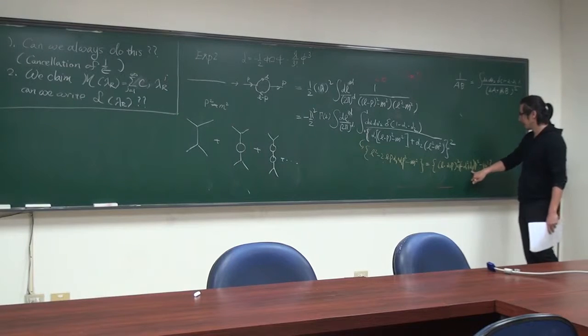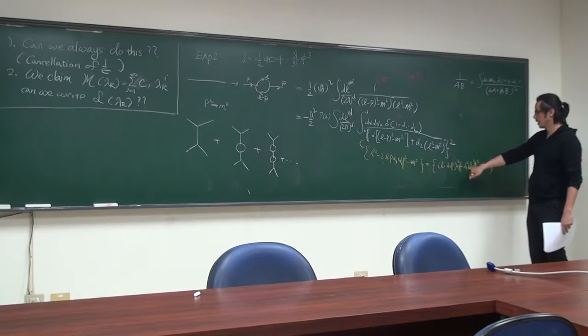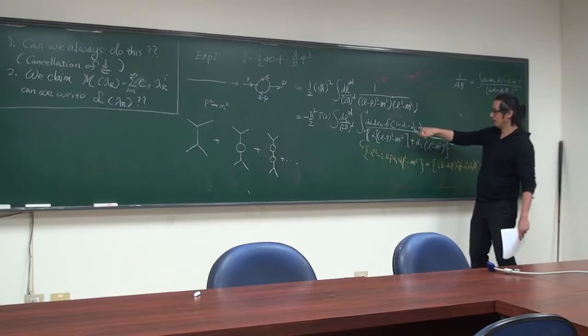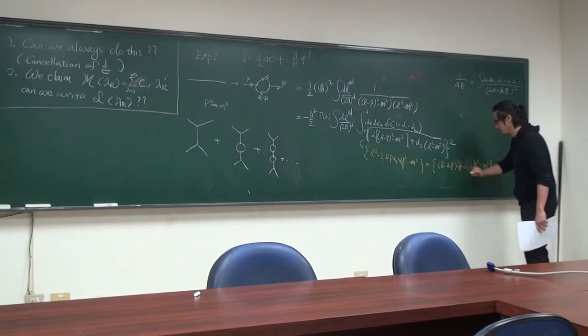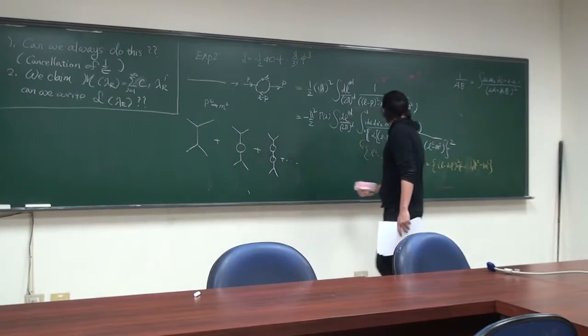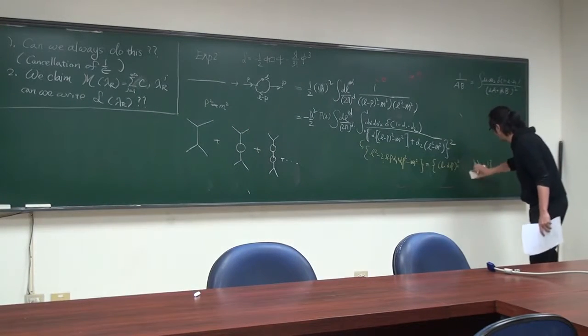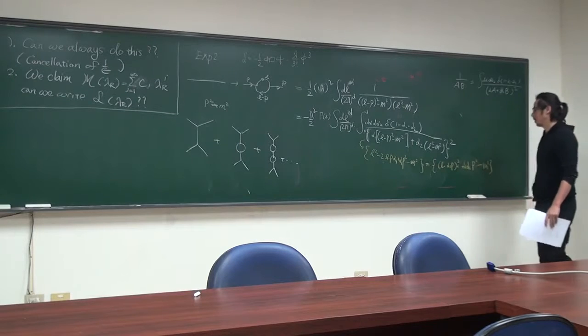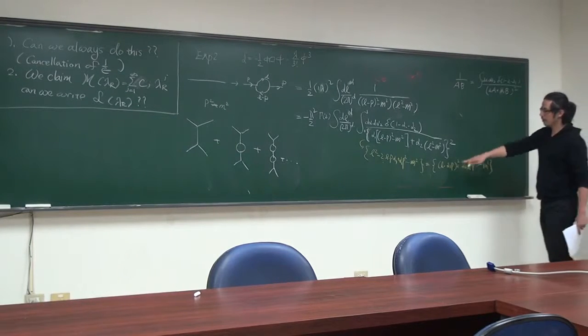But this is just alpha 1 times (1 minus alpha 1), and 1 minus alpha 1 is really alpha 2. So you can write this piece in a more symmetric form. It's just alpha 1 times alpha 2 P squared. Doesn't matter what I write. Okay, so then the bottom is really like this.